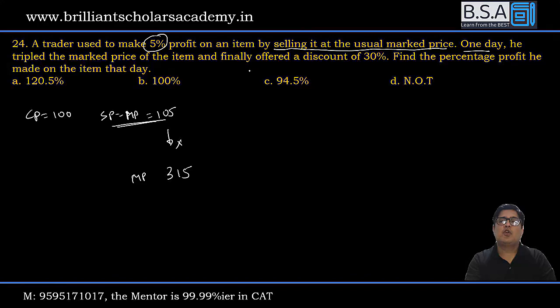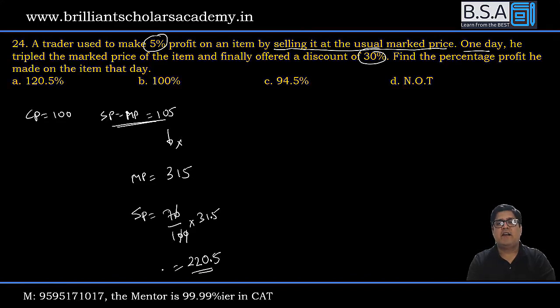Now he goes on to offer a 30% discount. When you offer a 30% discount, what you're basically saying is the selling price is 70% of 315. So 0 cancelled. One more decimal here. 7 into 5, 35 carried over 3. 7 plus 3, 10 carried over 1. 21 plus 1, 22.